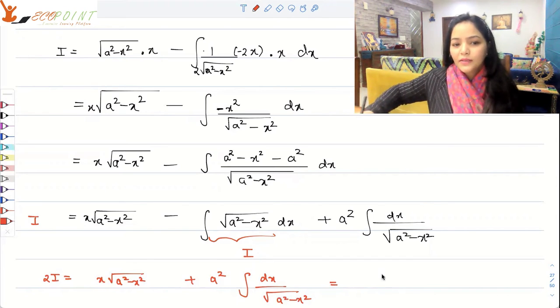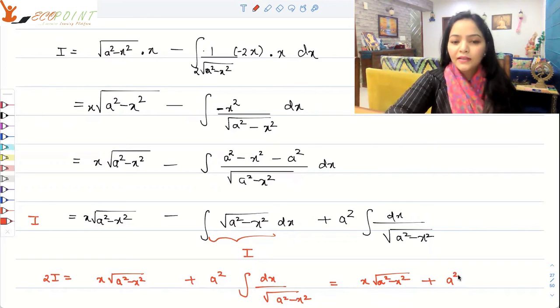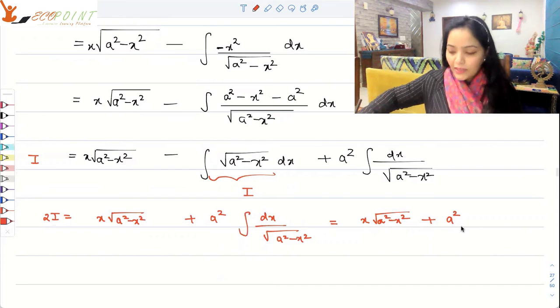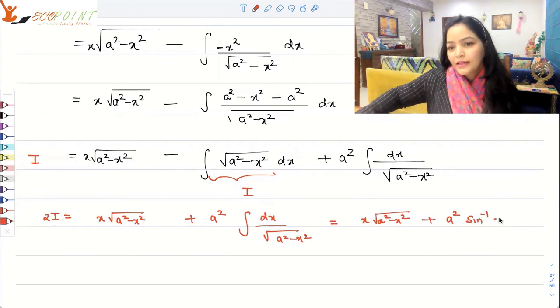Do you remember this integral? We've done it together. Integral 1 upon square root of a square minus x square is sine inverse x by a, so you get sine inverse x by a here plus c.